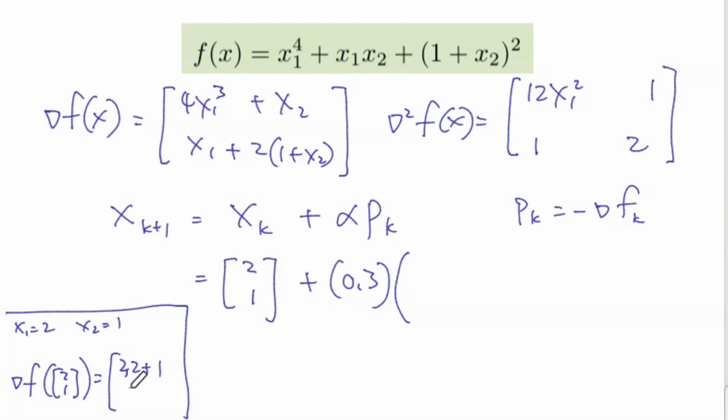This is equal to 33, and this will have 8. So this is the gradient.